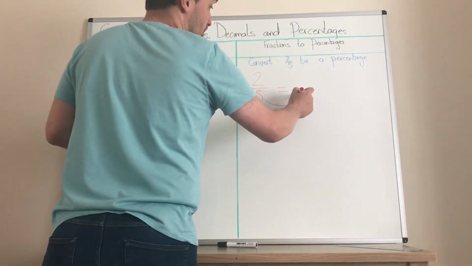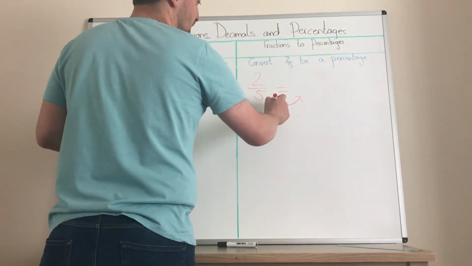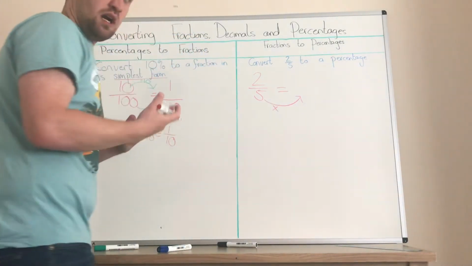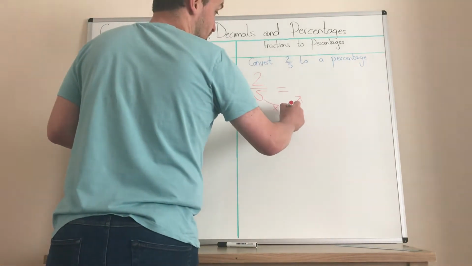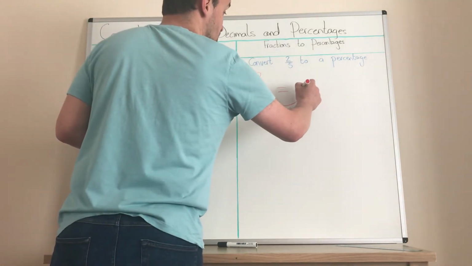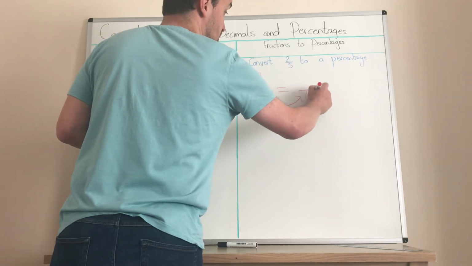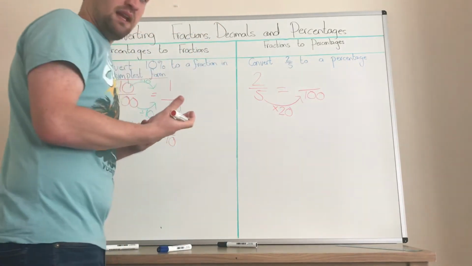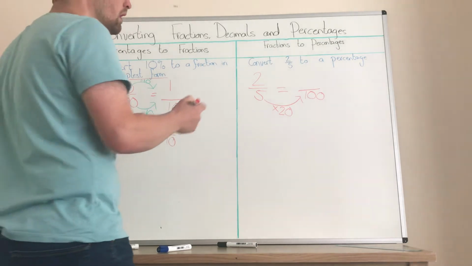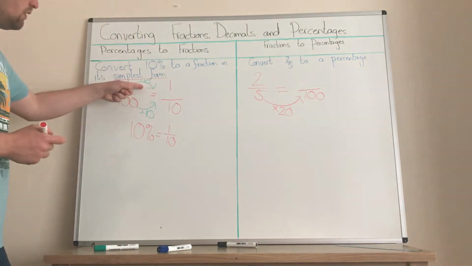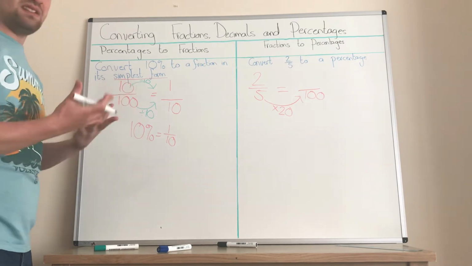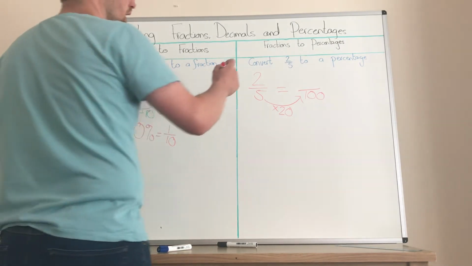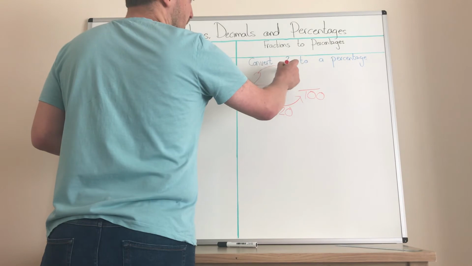We need a number that we can times 5 by that gets us up to 100. That number is 20. 5 times 20 is 100, so our fraction now has a denominator of 100. The key bit I told you was that whatever we do to the denominator, we must do to the numerator, and that doesn't change.